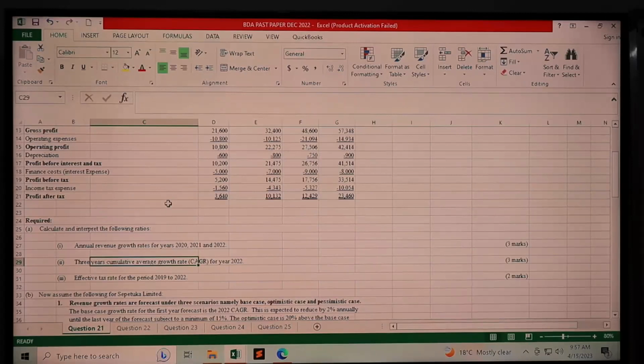Compounded is when you do the interest of 1 year, then you compound it the next year, you take again for the next year, and you proceed compounding for 4 years. But here you're taking just the first year and the last year. That is compounded. For cumulative, you are taking all of them, the average of all of them. So that is the difference between those two.